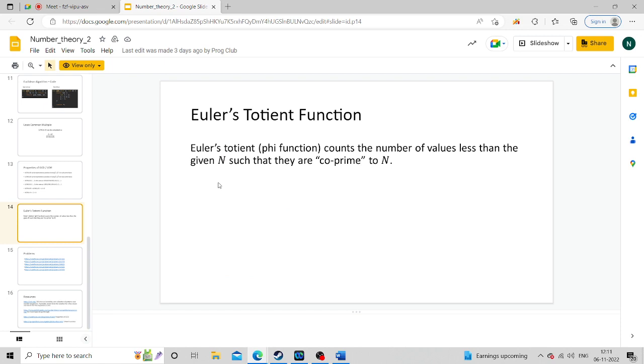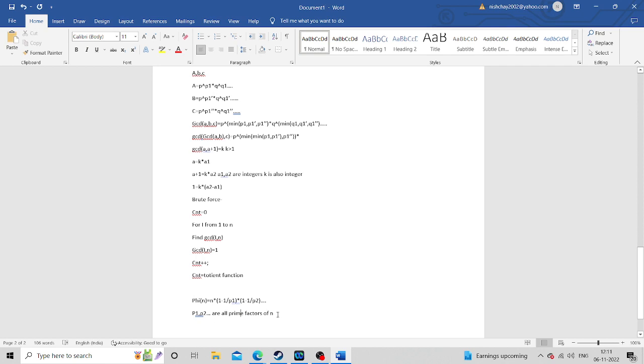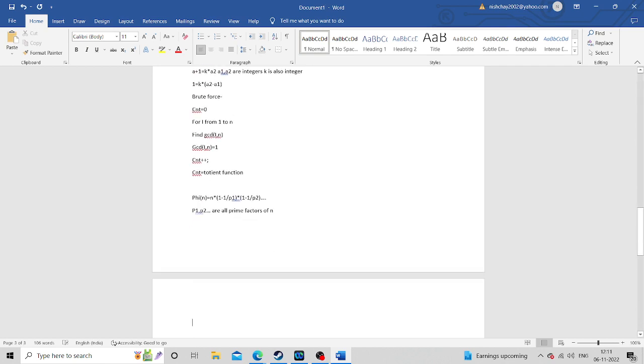This totient function. See, what is the totient function? Basically, we call it phi. Phi of n is equal to the totient function. What it gives you is the count of all the numbers less than n and co-prime to n, right?